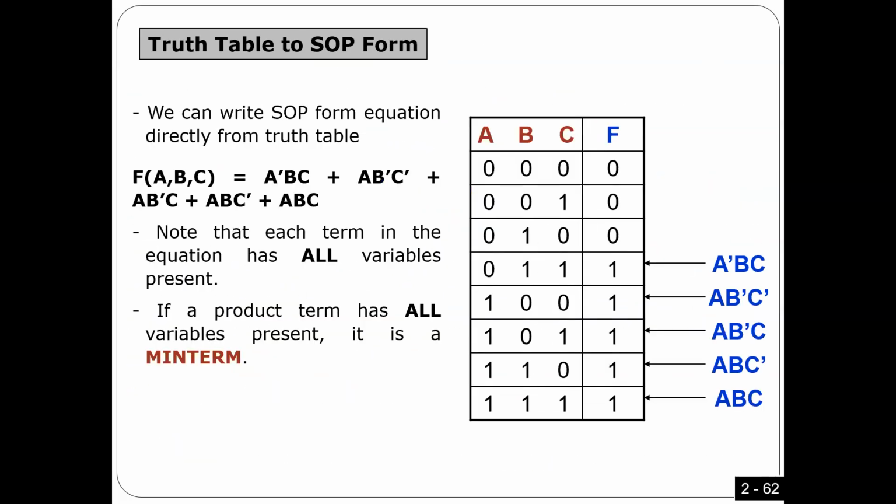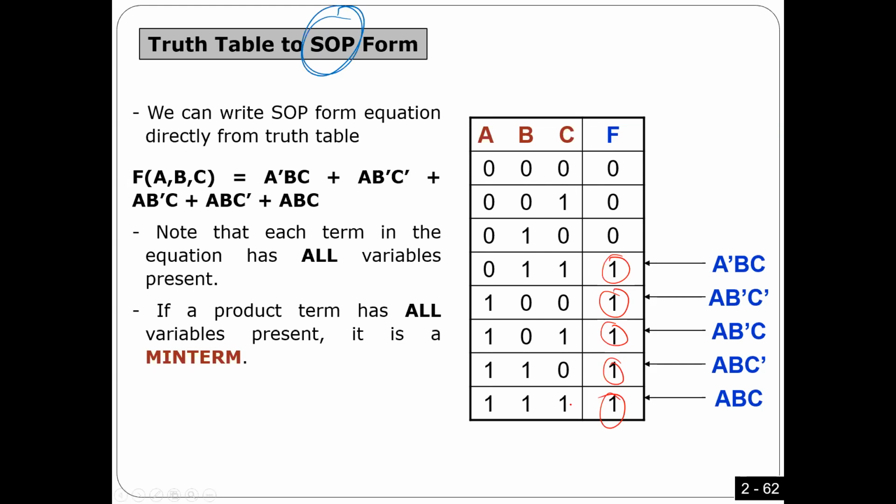For example, this one here, again, we have A, B, C, as I told you. Now I want to calculate the function in sum of product, as I told you. So again, number one, you have to work only on ones, not zeros, okay?